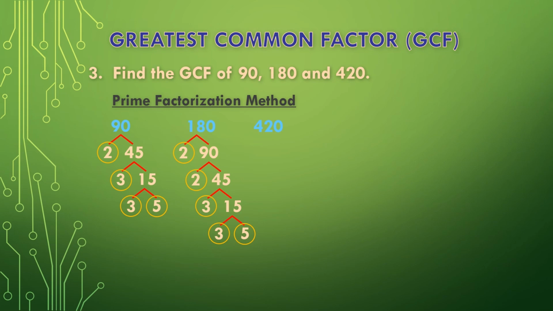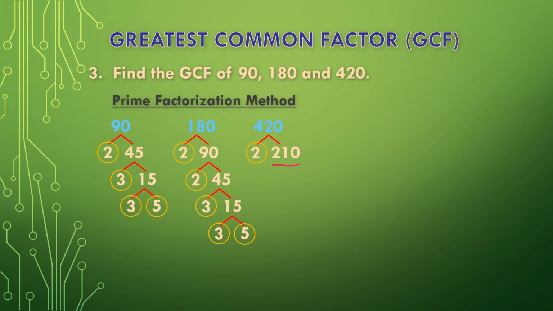Let's now break down 420 into its prime factors. 2 times 210 is equal to 420. 2 is already a prime number, so let's encircle it.